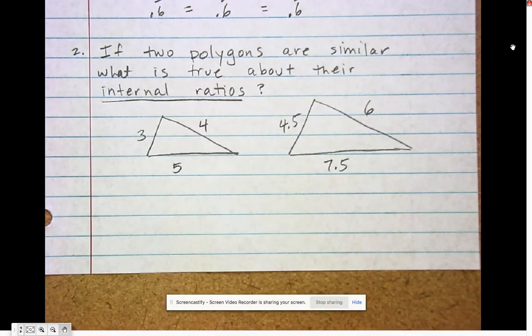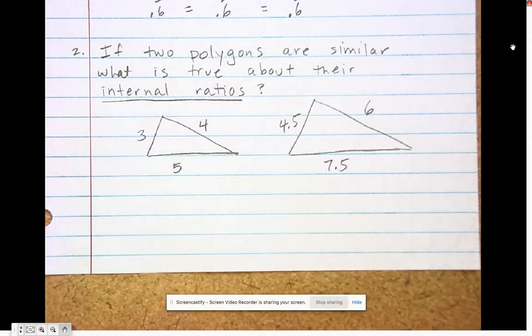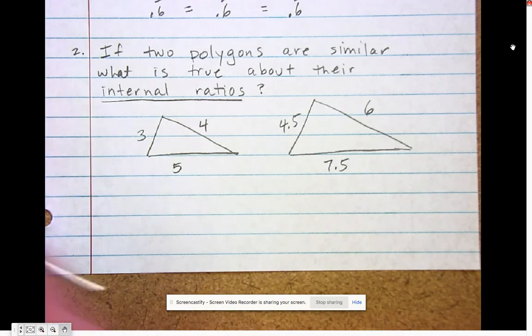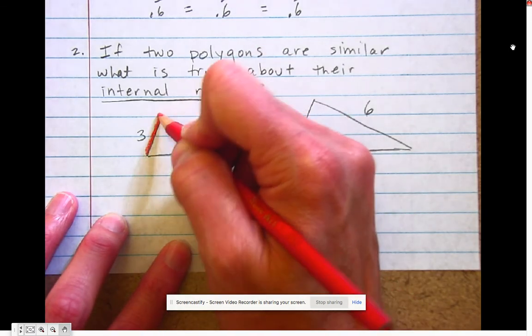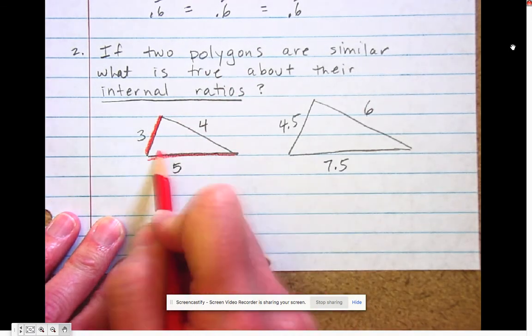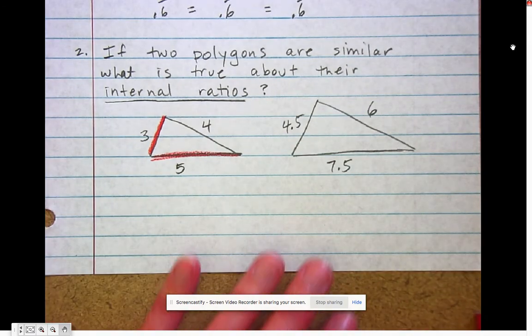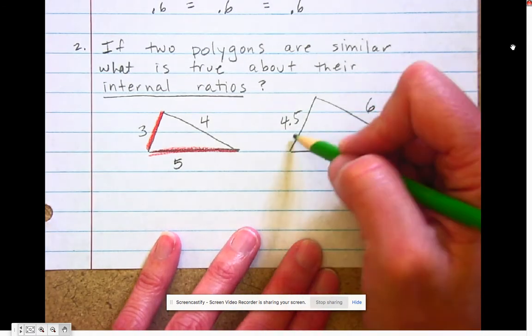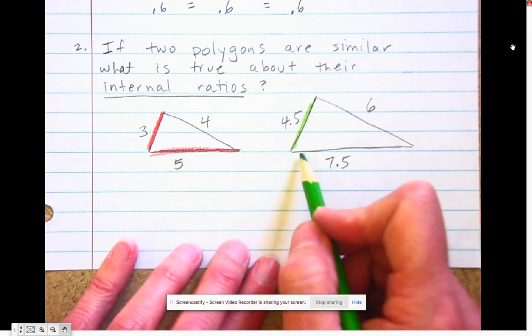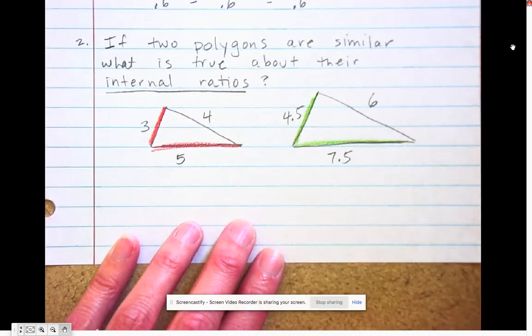Okay, so instead of comparing the corresponding ratios, the ratios of the corresponding sides, I could look at their internal ratios. Okay, so I'm going to look at the ratio of this short side to long side. Okay, and I'm going to compare that ratio to this short side to long side and see what I notice.